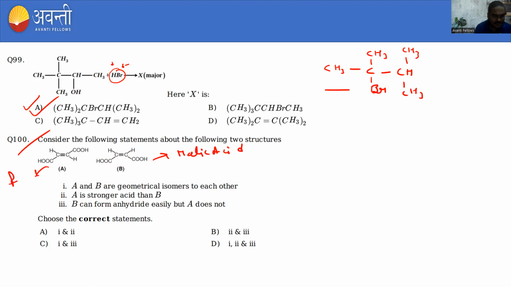The maleic acid is a stronger acid than fumaric acid because of the stabilization of the monoanion by H bonding in maleic acid. So we can say that the first and third statements are correct: A and B are geometrical isomers of each other, and B can form an anhydride easily, but A does not. So these statements are correct, and the correct option is C.